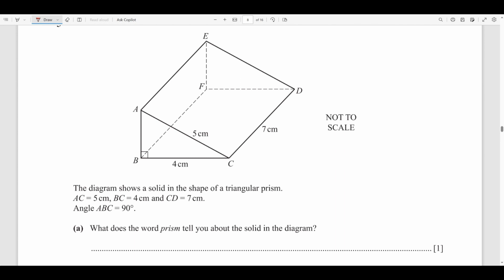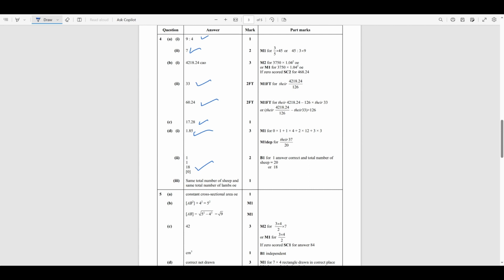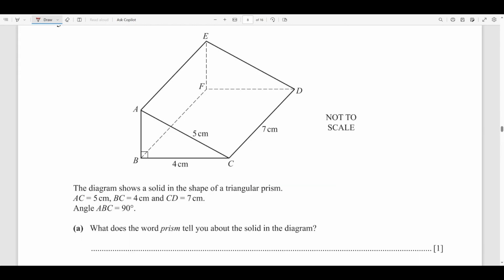So I think talking about cross sections should be the ideal thing in this. Let's see what the marking scheme says. Constant cross sectional area. Yeah, that's what the prism is. So we'll take that.